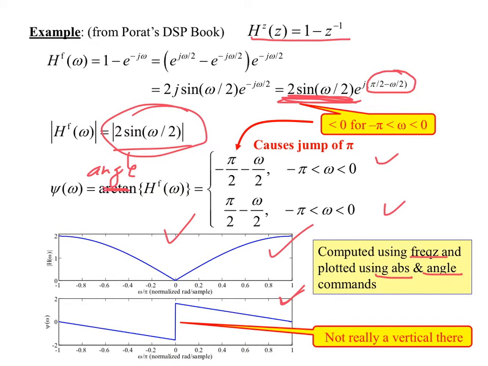And I just want to point out that even though MATLAB puts this vertical line here, technically it's a discontinuity there, so there isn't really a vertical line that goes up there. MATLAB puts it there because obviously I'm evaluating this on some fine grid, and at some point it's down here, and at the next point it's up there, and MATLAB just draws a line between them. As good as MATLAB is, you want to be watching and understanding what's really going on in MATLAB so that you can interpret these things appropriately.